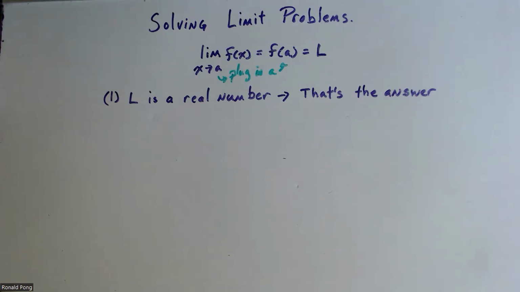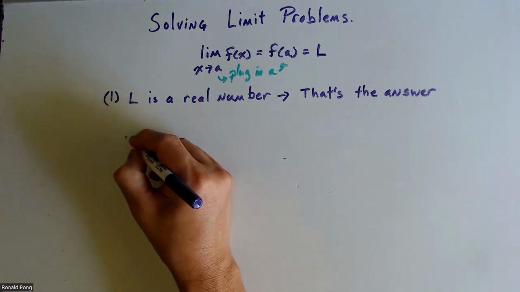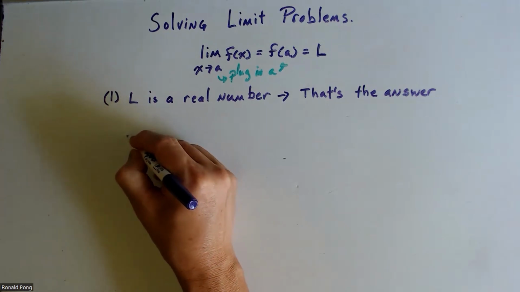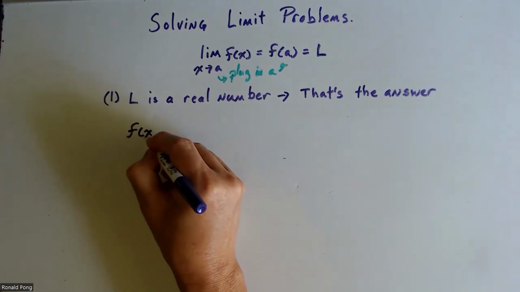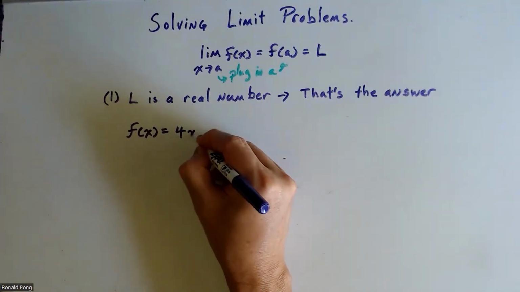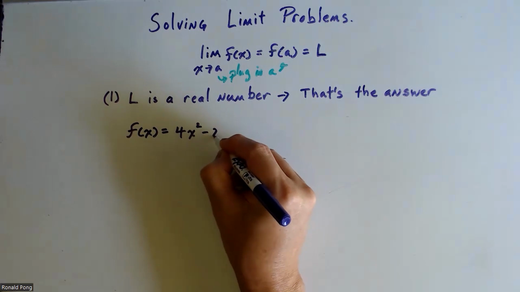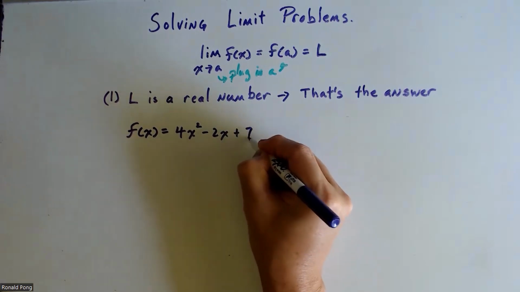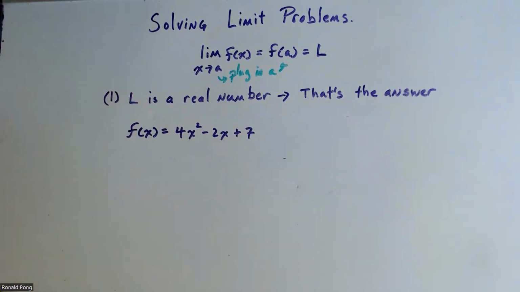For the sake of review, let's do a problem where L is actually a real number. I'm going to make up a problem. Let's say f of x equals 4x squared minus 2x plus 7. This is a polynomial.